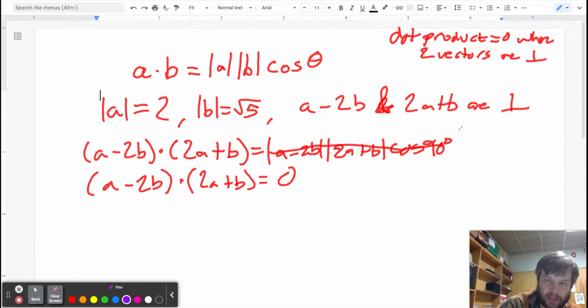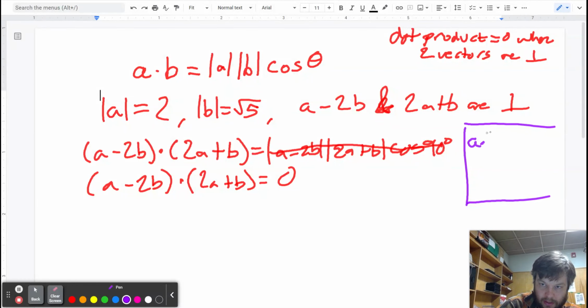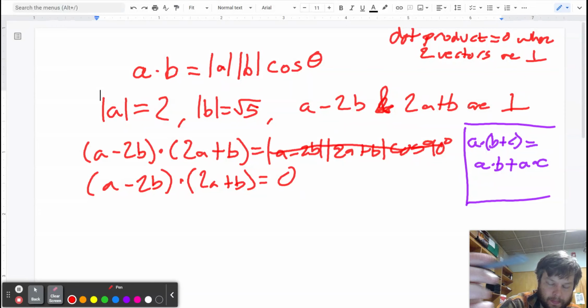What I mean by that is if we did A dotted with B plus C, you can do A dotted with B plus A dotted with C. I'm going to use that idea twice to distribute this like we would expect.